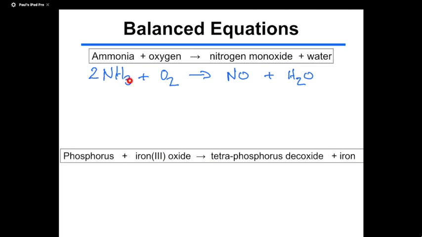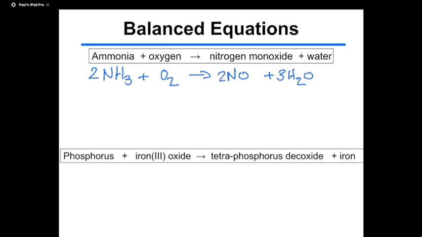I have 6 hydrogens. How can I make this? Put a 3. Oh, booger. Okay. And how many nitrogens? 2 here, right? And so I can put a 2 there.